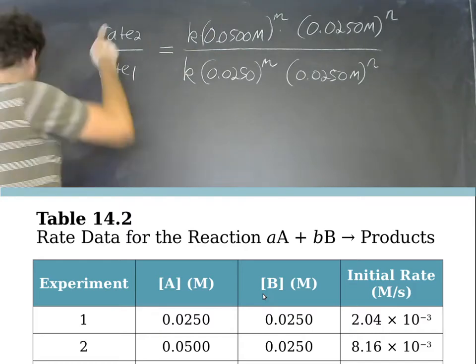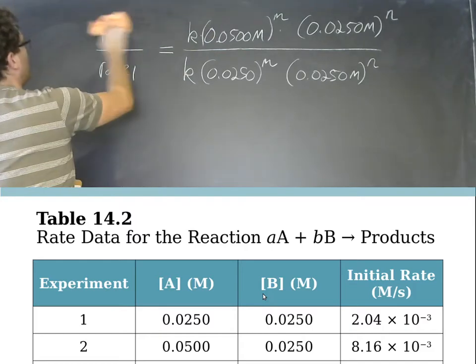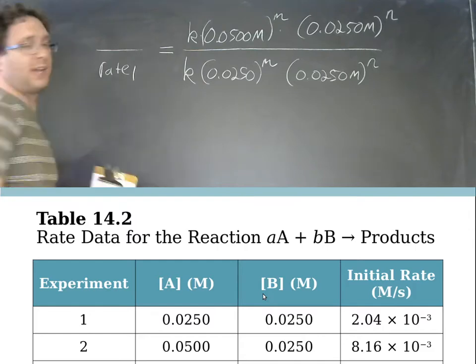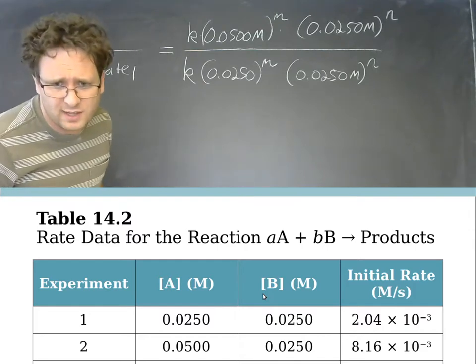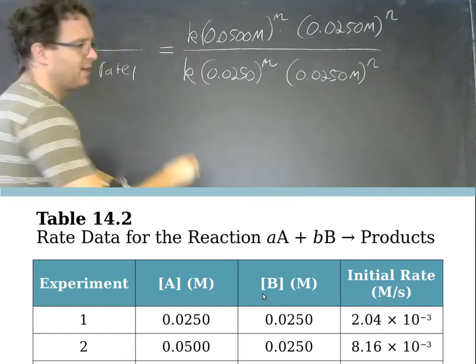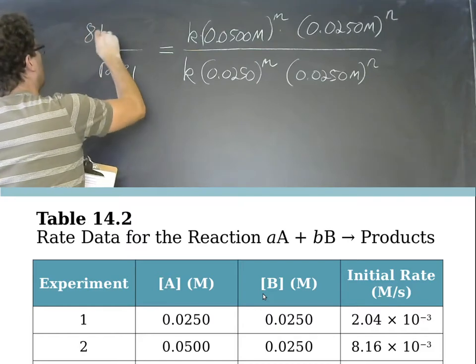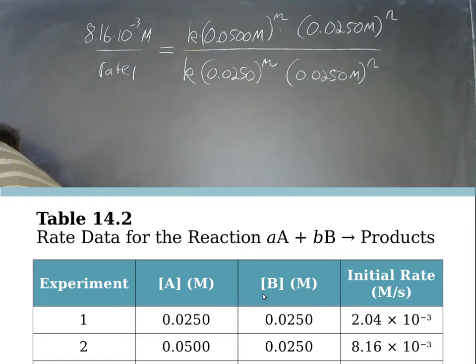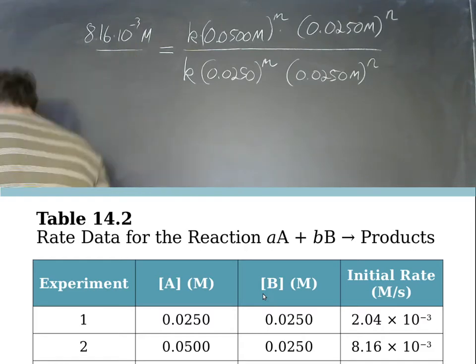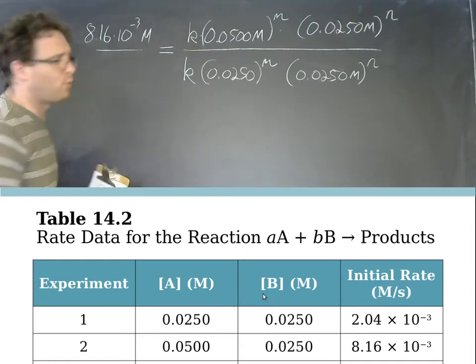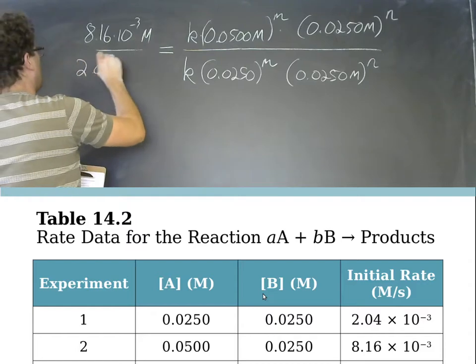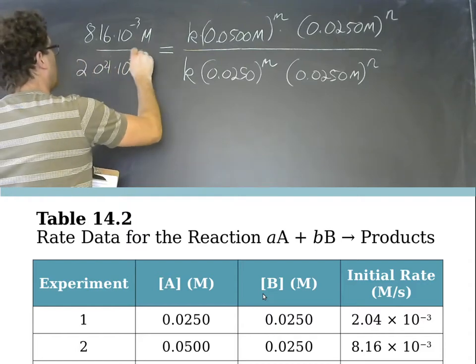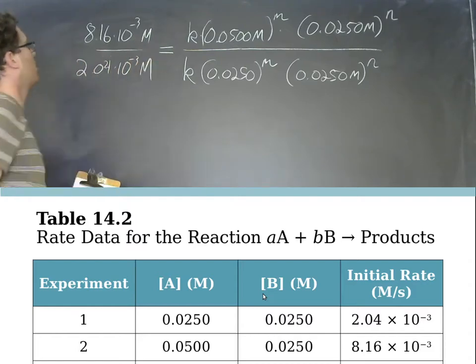And let's put in actual numbers here, right? Rate 2, we've got numbers for that. Rate 2 was 8.16 times 10 to the negative third. And rate 1 was 2.04 times 10 to the negative third molar.